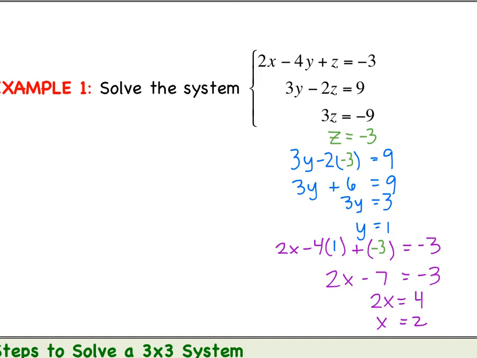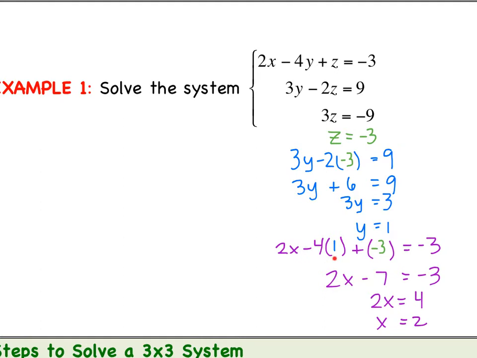Hopefully this problem didn't cause many issues. When we plug -3 in for z, remember to use parentheses, and as we work through it, we get y to be 1. Now we're going to plug y and z into our first equation. Again, use parentheses every time we're making those substitutions.